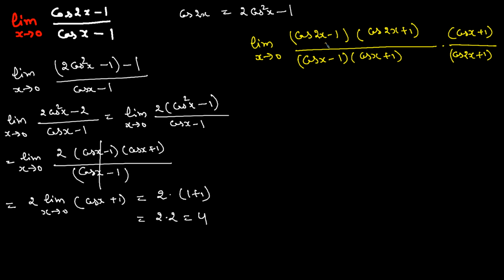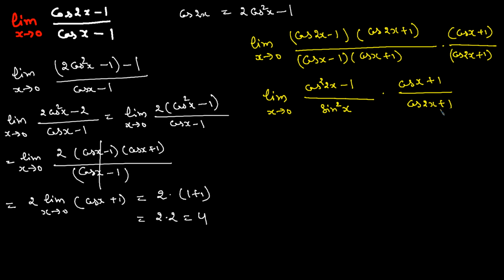Okay, so this is a minus b, this is a plus b, a minus b, a plus b. So we're going to use those identities to rewrite them. So the top can be written as cos square 2x minus 1, and the bottom, the denominator, can be written as cos square x minus 1, times cosine x plus 1 over cosine 2x plus 1.